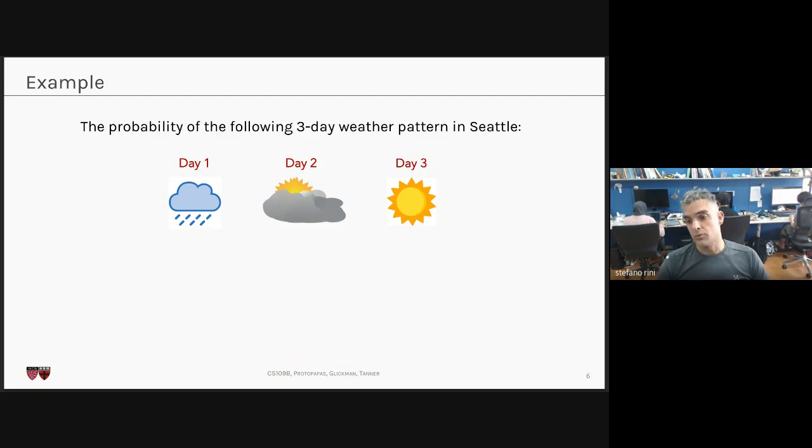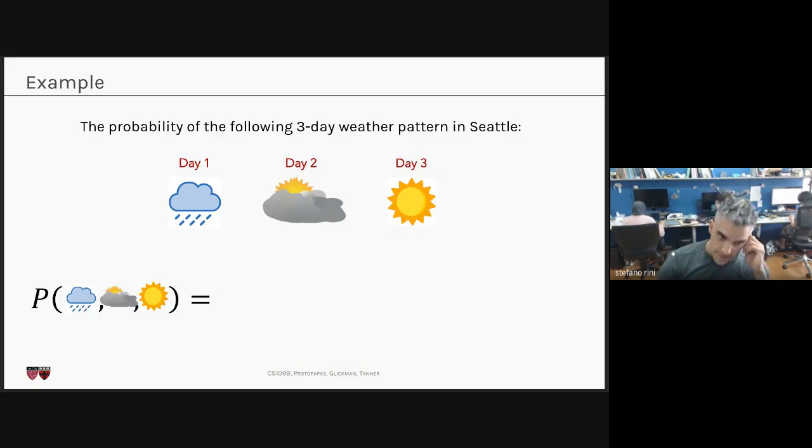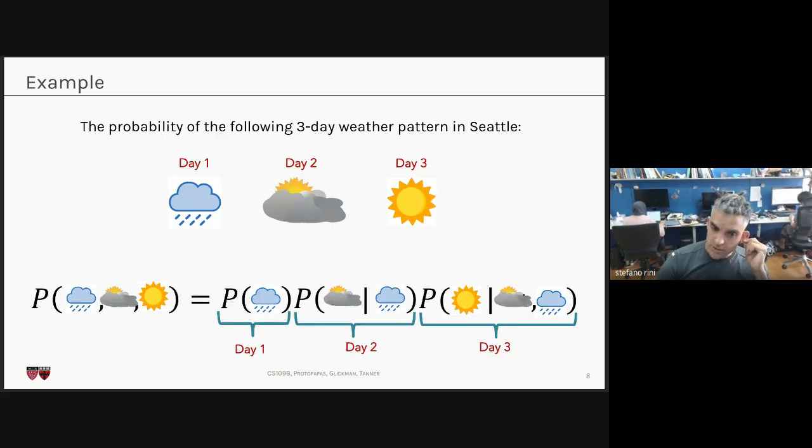Then when you go to day 3, the probability of the weather on day 3 will be the conditional probability of day 3 given day 2 and day 1. So in this case, the probability of rain given cloud given rain given sun given cloud given rain. You see that this encodes our understanding of memory in the weather patterns.